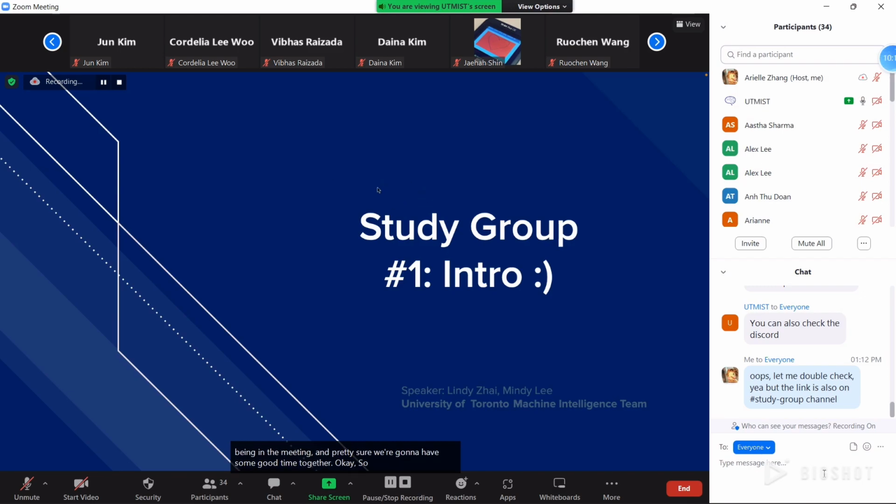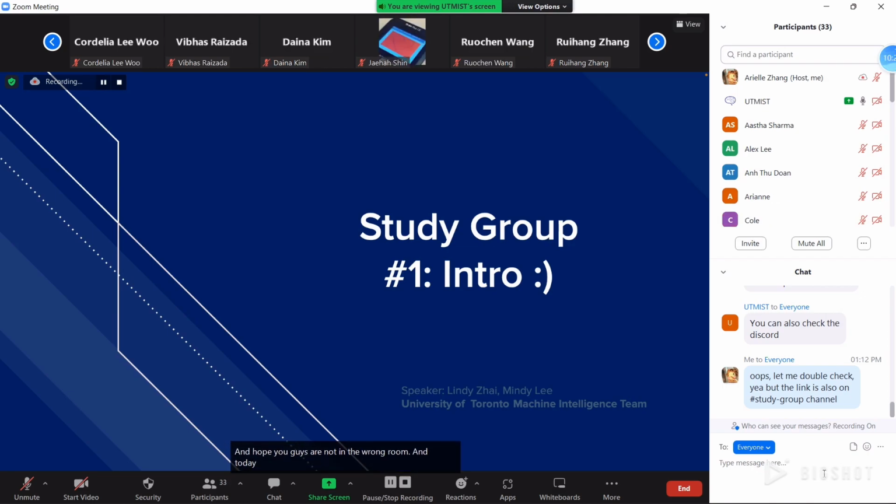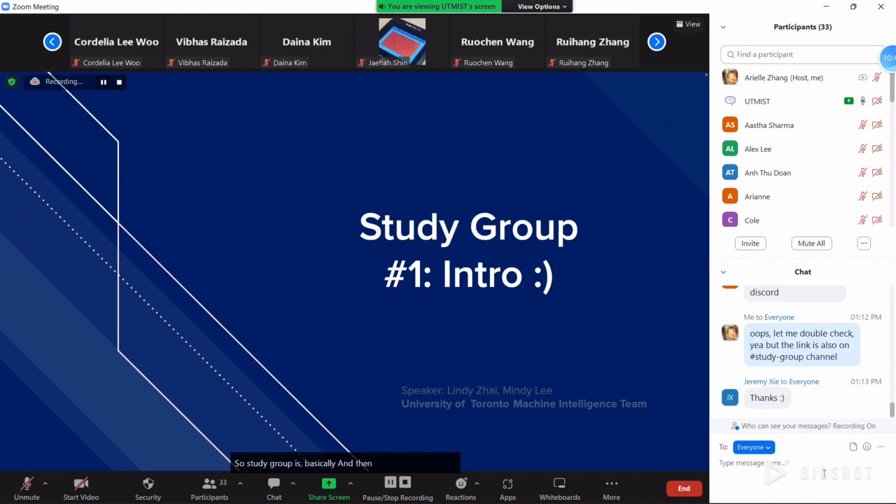Okay, so this is the study group sessions for UTMIS, and hope you guys are not in the wrong room. And today we're going to go through some basic machine learning knowledge. But before that, let's talk a little bit about what is study group and see why you guys are here. So study group is basically an approach from the UTMIS Club for beginner students to learn more about machine learning knowledge.